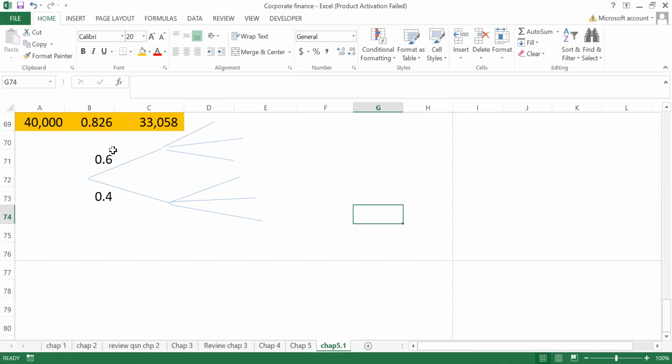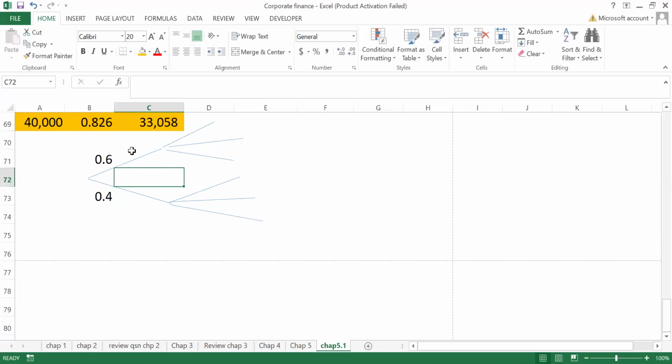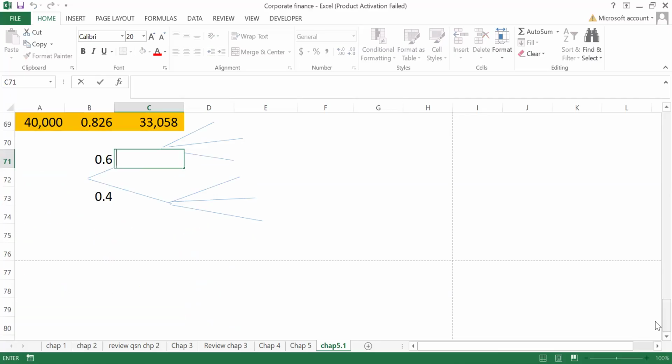So now, what is our cash flows here? If the economy is... the cash flows, here we got what? Did you copy that? 78,174. Okay, maybe we can take that.